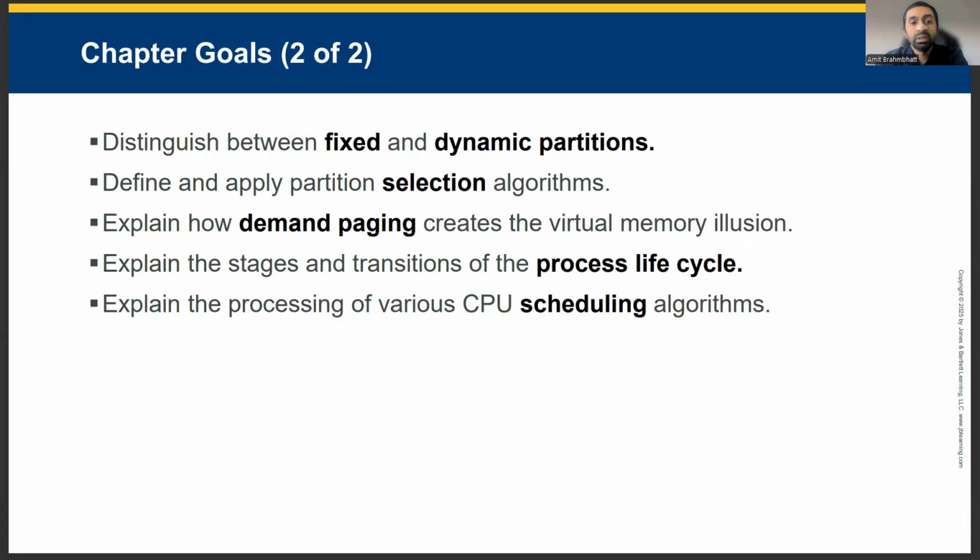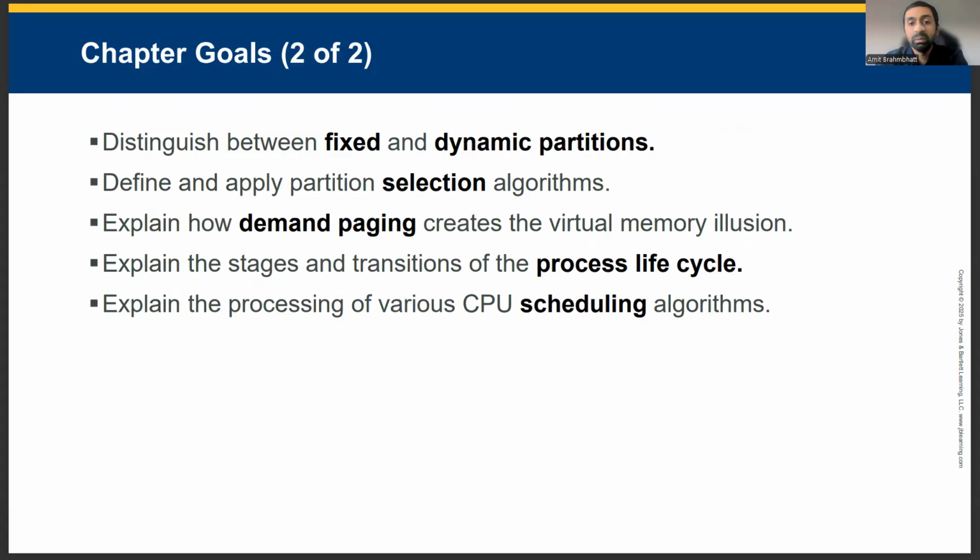In the second half of this chapter's goals, we expand deeper into memory and process management. First, we'll distinguish between fixed and dynamic partitions, two different ways to carve up the memory. You'll get practice applying partition selection algorithms like first fit, best fit, and worst fit.